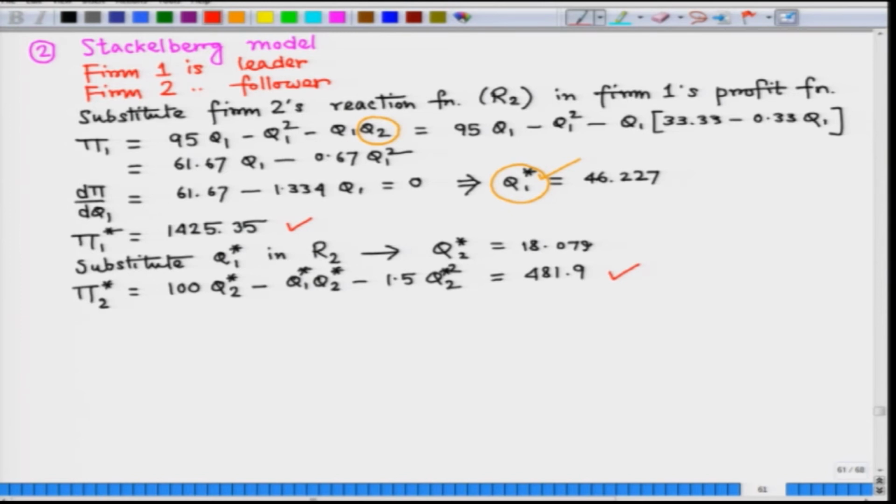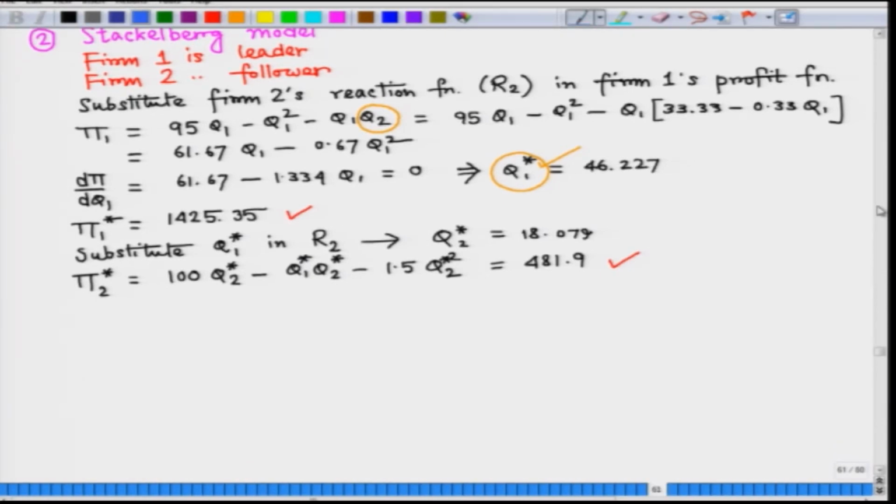What does that give? That gives how farm 2 is going to change its own output if there is a change in farm 1's output, so that it maximizes its own profit. Okay, so we have obtained our Stackelberg model equilibrium. Now, in the remaining time we could also explore the solution of the collusive duopoly model.